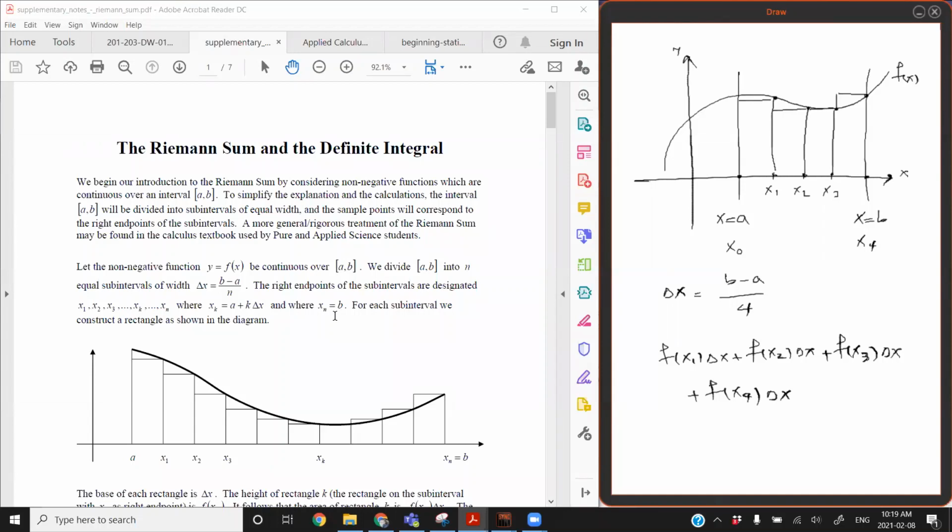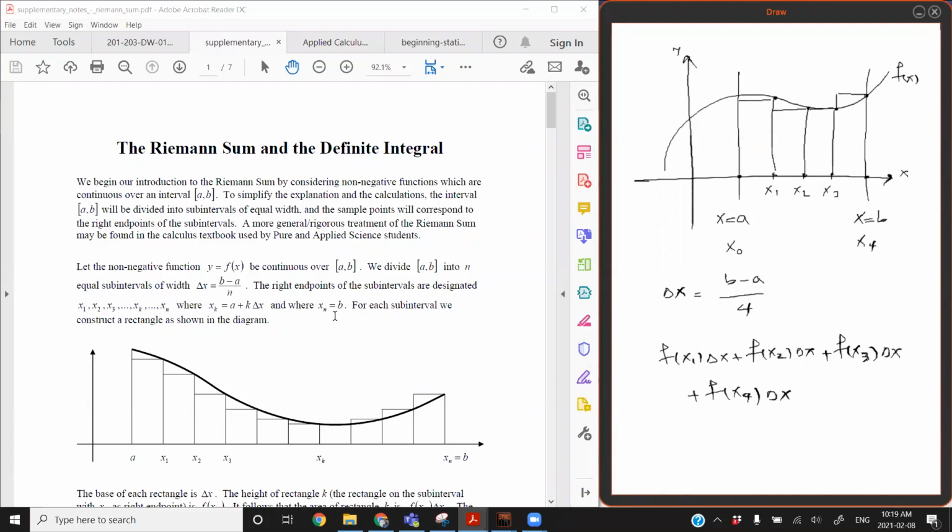And I hope you all agree that in order to get a better approximation in this situation, I have to increase the number of rectangles. If I have a larger number of rectangles, I will have thinner rectangles, and then those rectangles will fit better inside this area. And then I will have a better approximation.